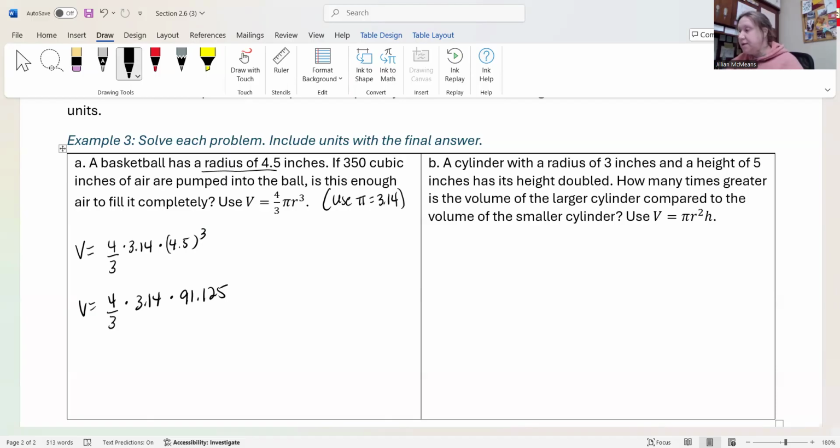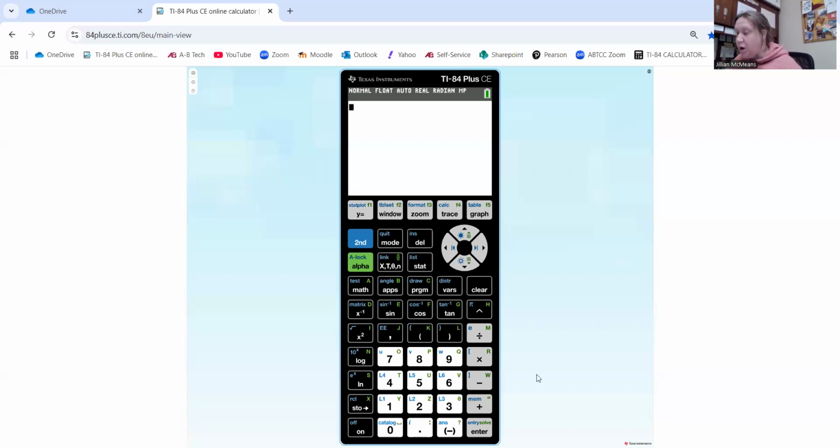I will show you this on the calculator. There's a couple of different ways you can do your 4/3. One is the old school way, when calculators weren't quite as fancy: you would just use parentheses and do the numerator divided by the denominator.